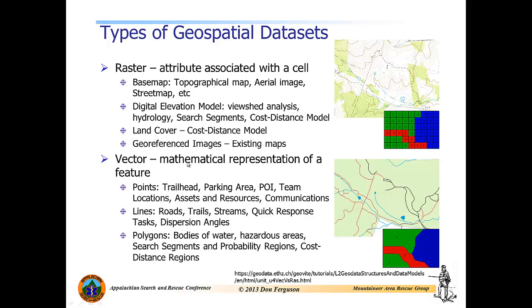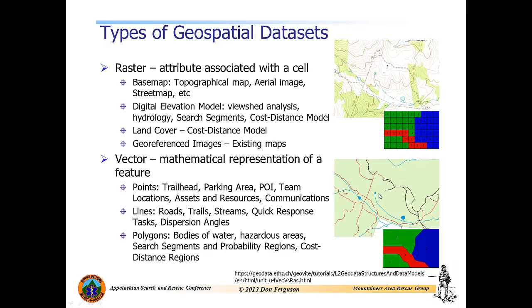The other type of data is the vector data, and this is where you have the actual points, lines, and areas or polygons that make up a feature on the map. In the raster data, you see those points, lines, and polygons, but they are really just graphical or visual representations of the actual points, lines, and polygons.